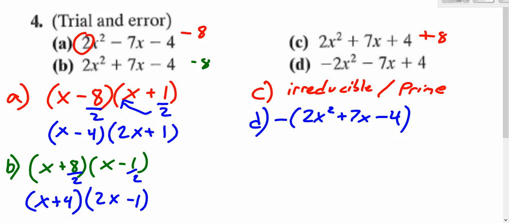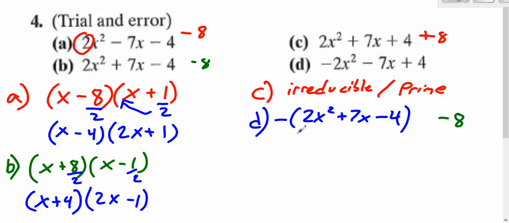So now when we do our trick, bottoms up, you're going to multiply the front to the back. You get -8. Two numbers that multiply to be -8 and add to be 7. If you actually look, this is the exact same thing what we did in B. So kind of know what the answer is going to be just with the negative out front.